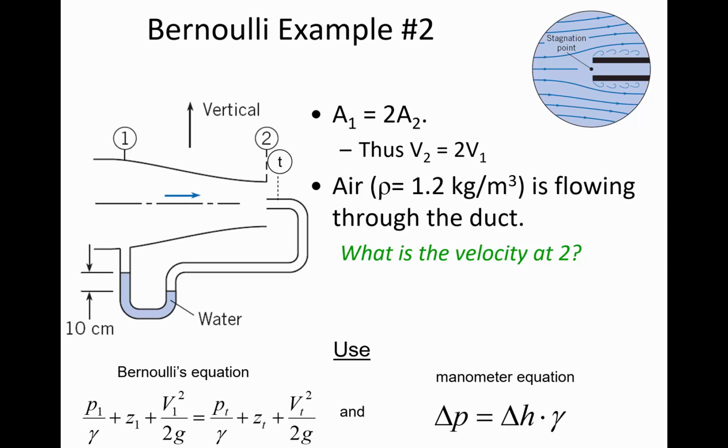I'll pause for a second to give you some time to start thinking about this, but the two components are the manometer equation, which tells you how much is PT minus P1, and then Bernoulli's equation. You can rearrange Bernoulli's equation to solve for PT minus P1 as well, algebraically. So let me give you a second to start thinking this through.